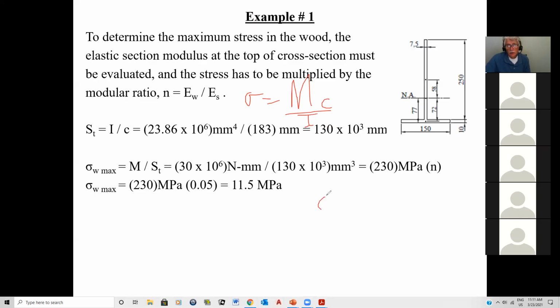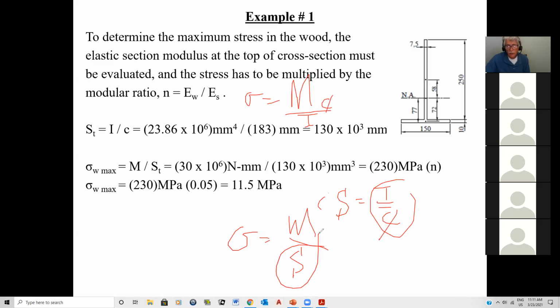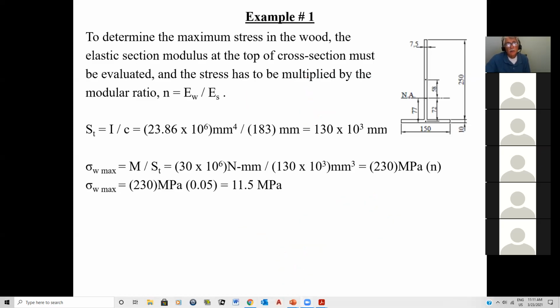And what I'm saying is that the value of the section modulus is I over C, and therefore we tend to replace, and this C cancels that C, therefore you get the stress is equal to M over the section modulus. Understand? And that's why it's easier to calculate your stress based on the section modulus. And I don't know why they don't teach you that in physics.